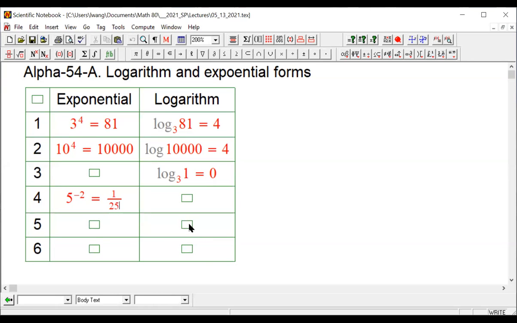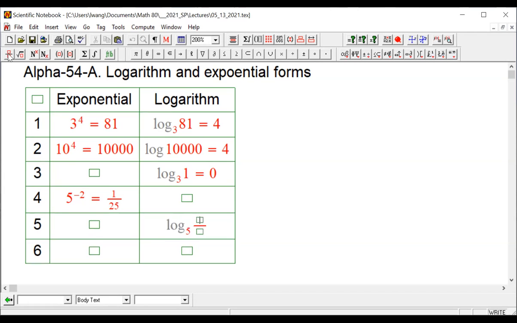Number 5, you have log base 5 of 1/5 equals -1, and you're going to write it in exponential form. Number 6, you have 6 squared equals 36, and now you're going to write it in logarithm form.